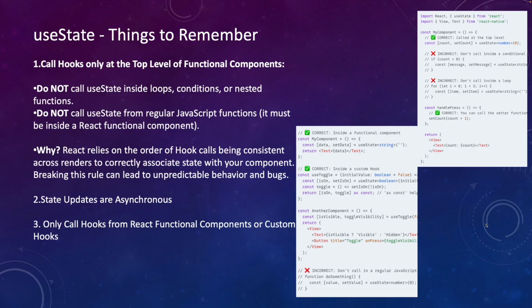You shouldn't call the useState hook inside any other places. It should be inside a functional component or inside a custom hook. Those are the key things you need to remember when using the useState hook. You will see this in these small diagrams as well, over here and here. Follow this and you will understand much more deeply.